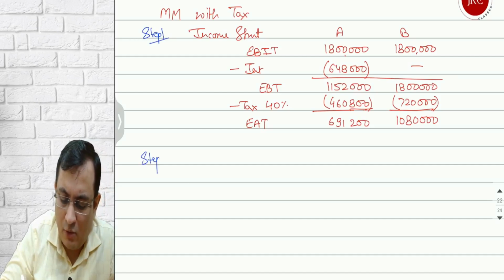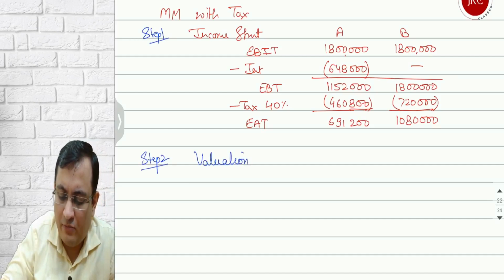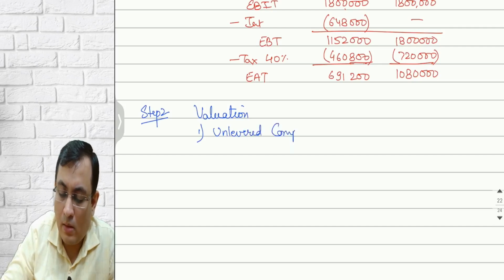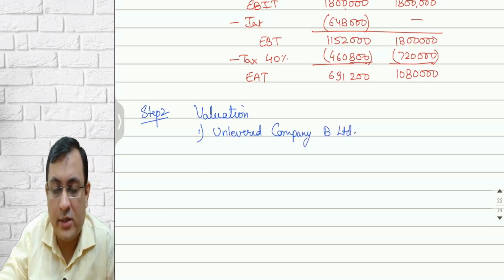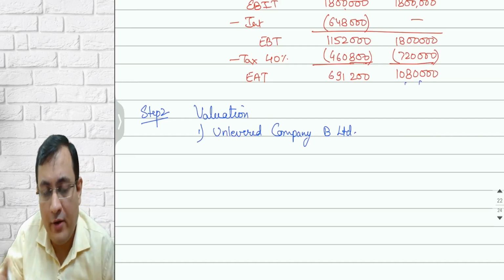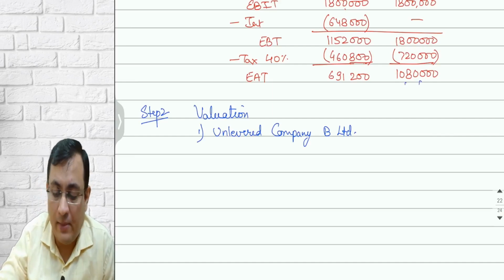Step number 2, now valuation. Valuation will be first done for the unlevered part. Unlevered company B Limited. What are its shareholders going to get? 10,80,000 forever. And their cost of capital.